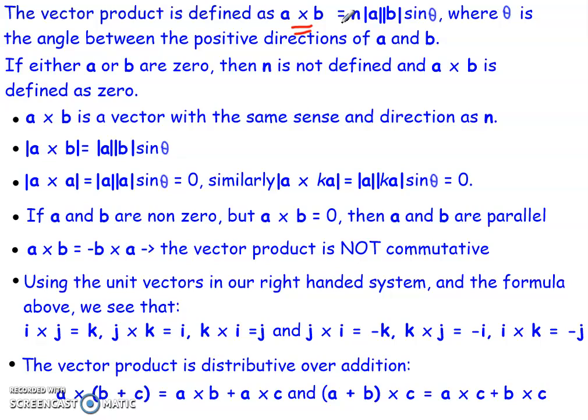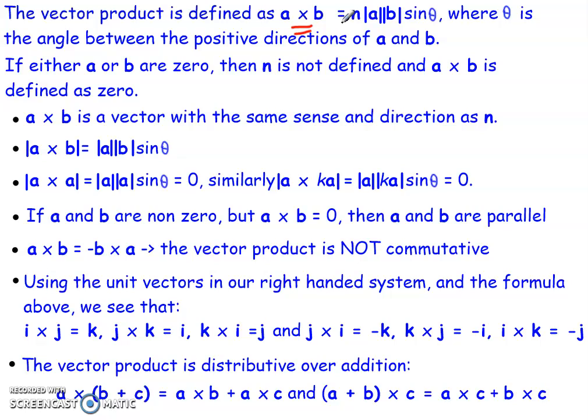We need to be able to work with this, and there are a few properties we have to know before we use components of vectors to calculate the cross product. First, because we can't have two parallel vectors define a plane, similarly, if either A or B is 0, the normal to the plane is not defined.